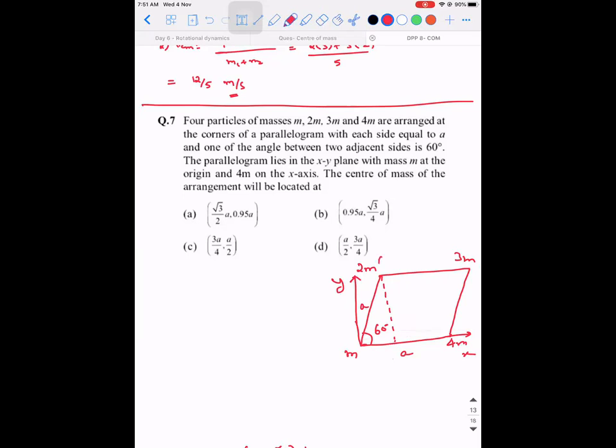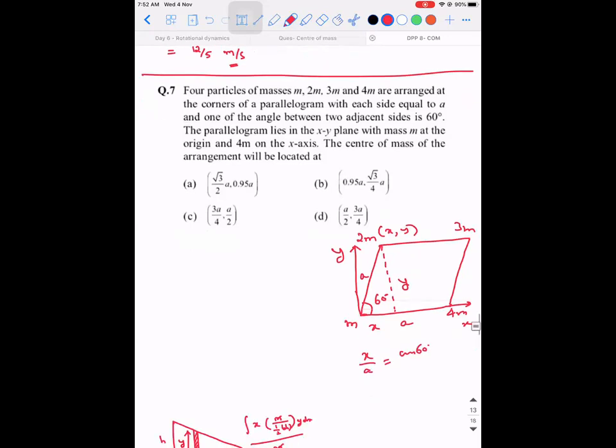They asked a simple question. This is x comma y, this is x and this is y. What is the value of x and y? So x will be A cos 60, y will be A sin 60. What will be the coordinates of 3m? Make it fast and tell me.